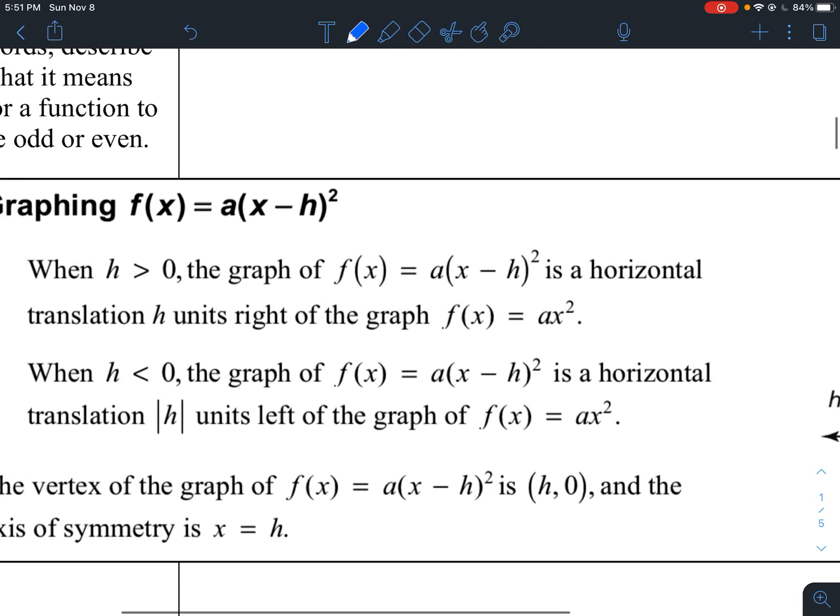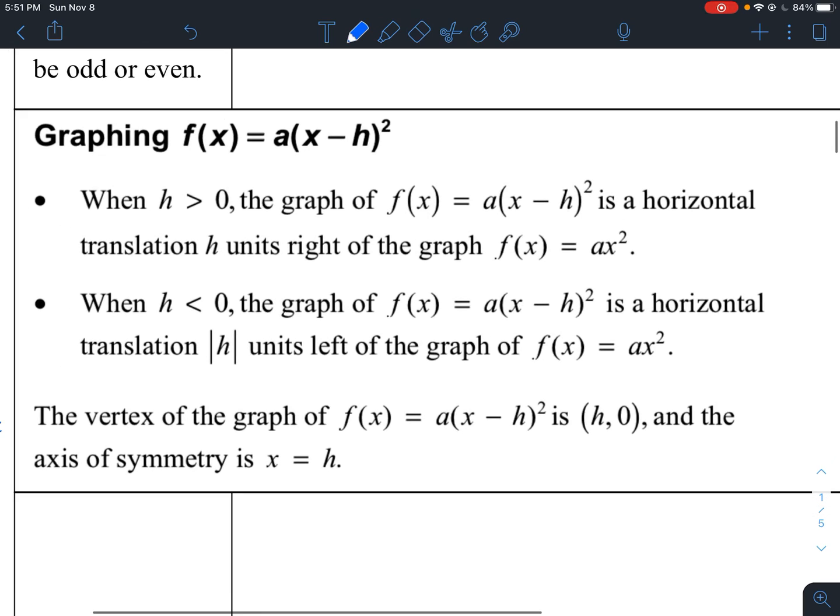And you might recall that this looks similar to y is equal to a times the absolute value of x minus h. And it is very similar and almost the same. The only difference is that instead of absolute value signs, you have something being squared in parentheses. That's the only difference really, but you still do the same thing.